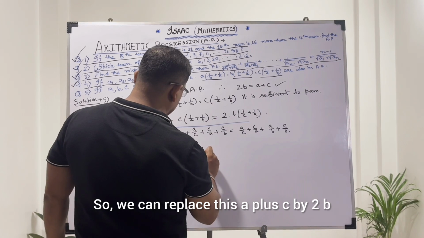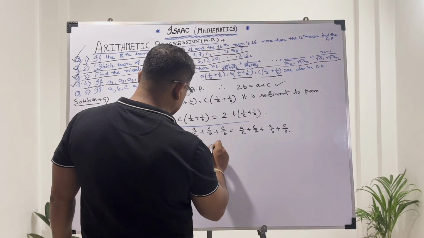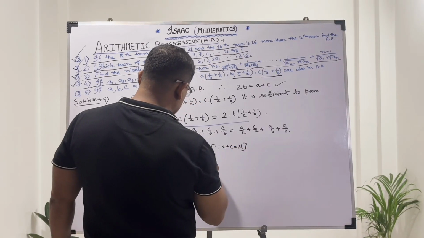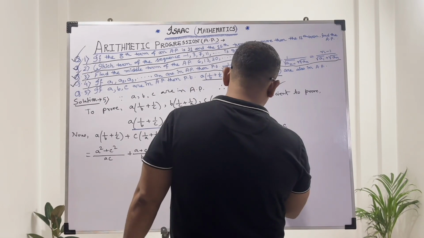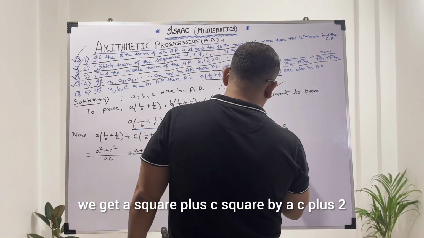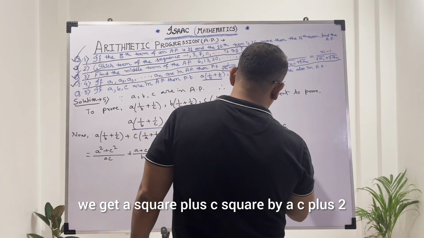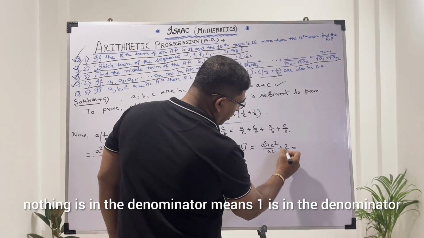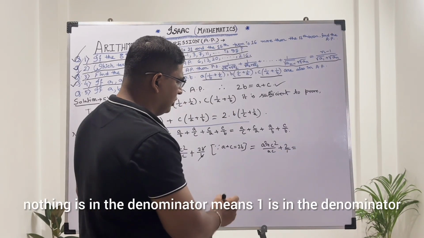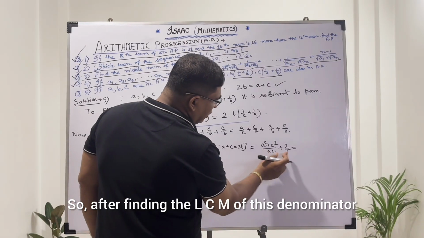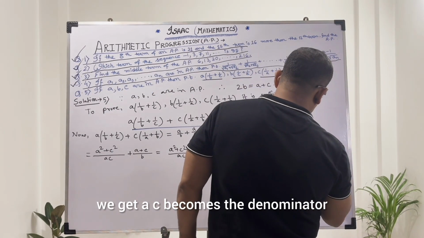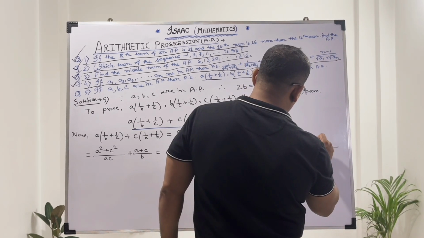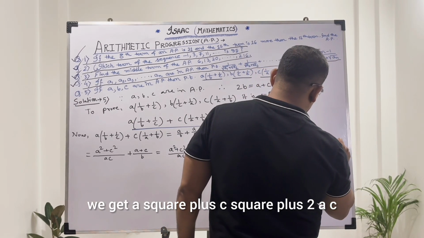So we can replace this A plus C by 2B. Cancelling this B, we get A square plus C square by AC plus 2. So nothing in the denominator means 1 is in the denominator. So after finding the LCM of this denominator, we get AC as the denominator, and in the numerator we get A square plus C square plus 2AC.